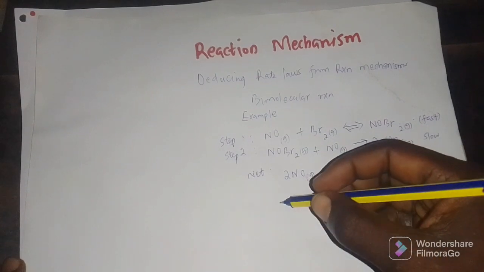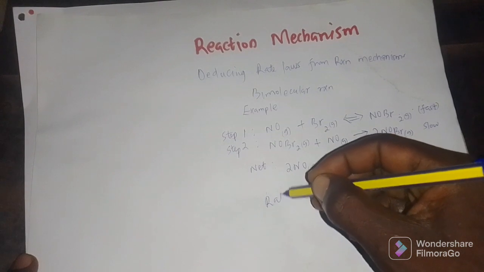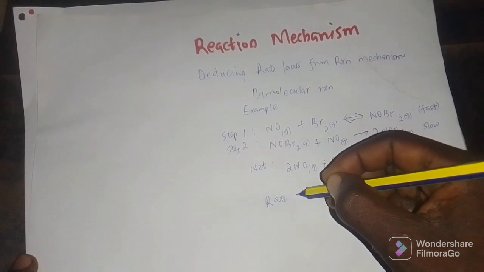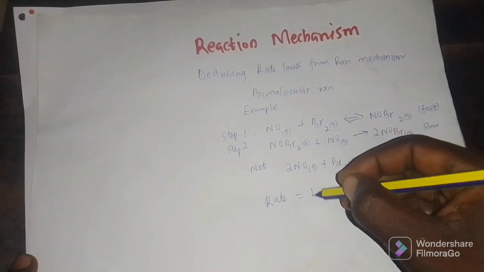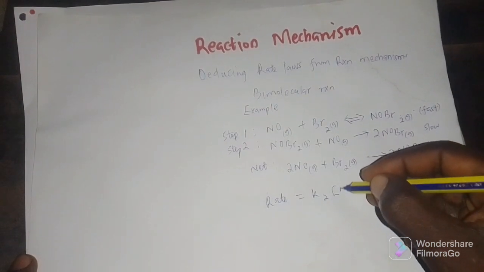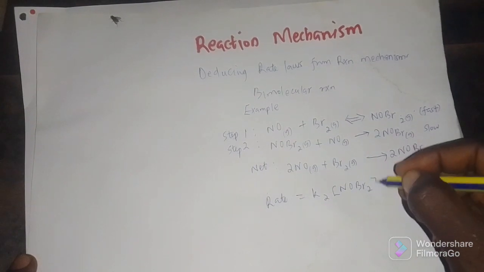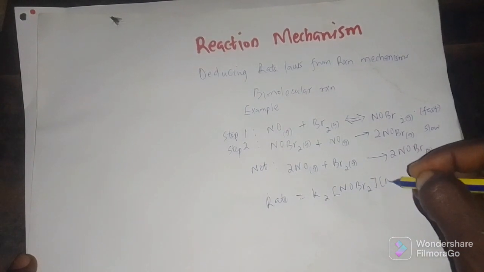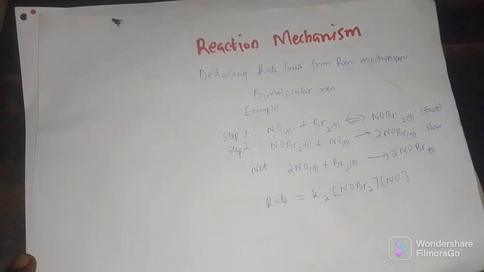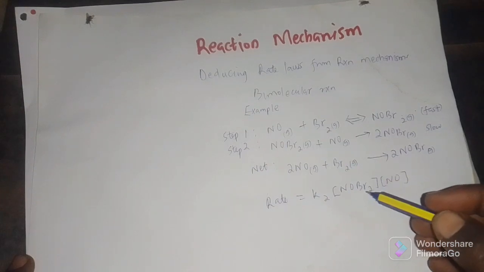Now let's write the rate law of the slow step. Rate will be equal to K2 NOBr2 NO. That is the rate of the slow step.